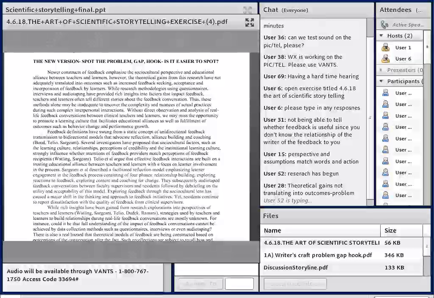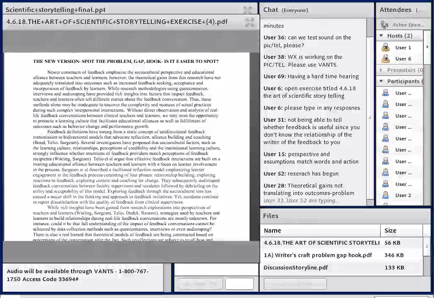Teachers and learners often tell different stories about feedback conversation. That's also a problem. Oh, yeah, absolutely. Well, that could still be a problem statement, but what is the actual gap?